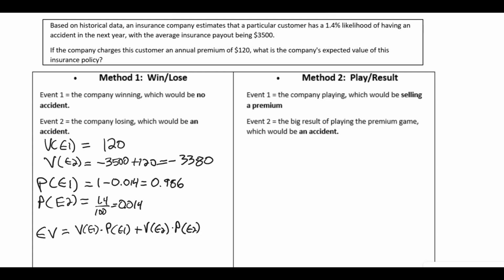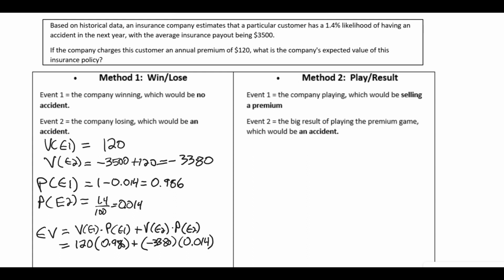But this is all we have. The value of event 1, 120. The probability of event 1, 0.986, plus the value of event 2 is negative 3,380, and the probability of event 2 is 0.014.